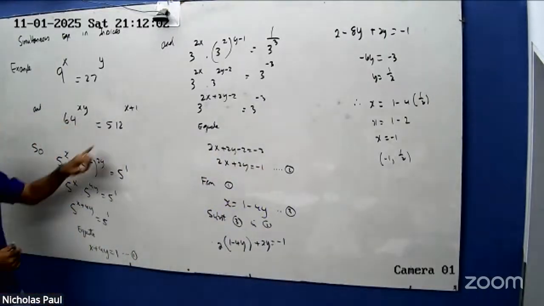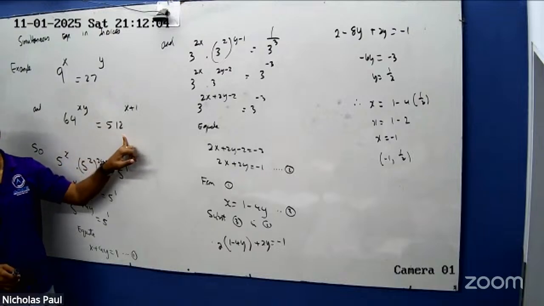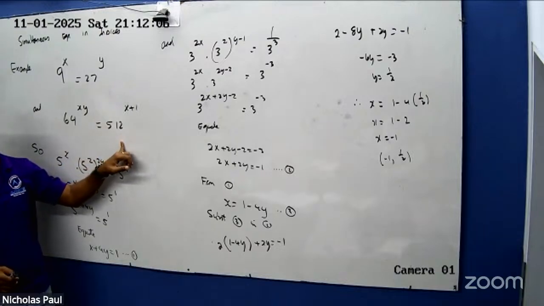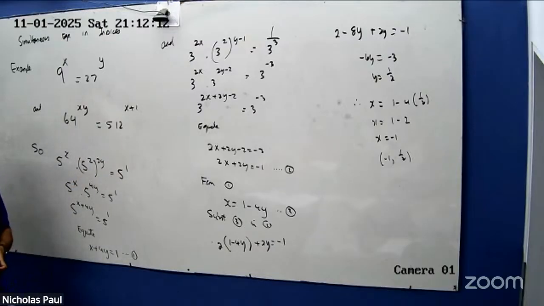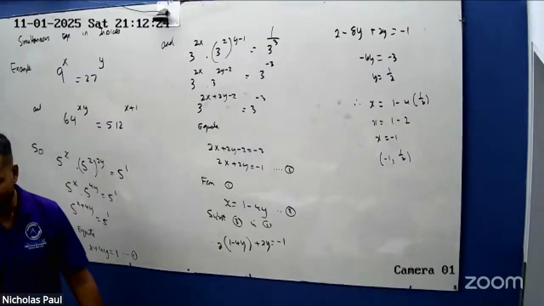Right? 512. 512 is what? 4 to the power of 4? 4 to the 5 then. Yeah. 4 to the 3 is 64.